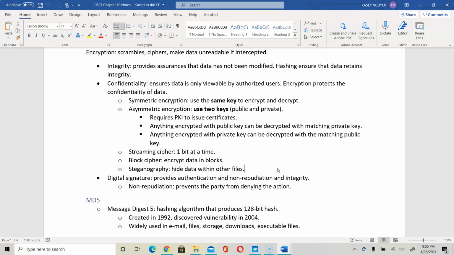Now, in certain systems or scenarios, digital signatures would be used. A digital signature allows us to provide authentication, non-repudiation, and integrity, in that it has a timestamp showing when the party digitally signed a specific file.